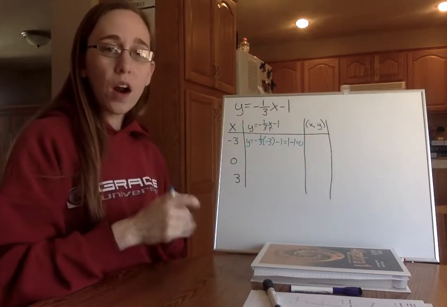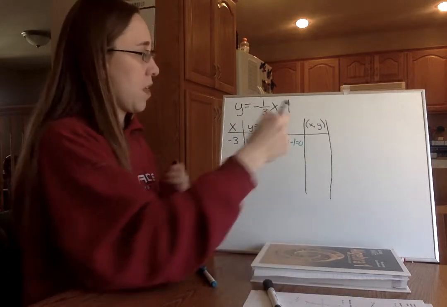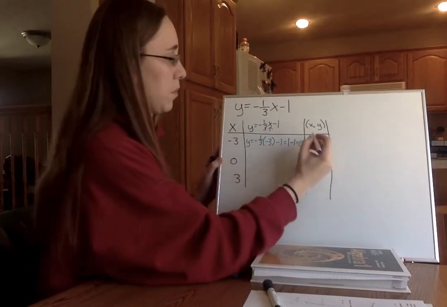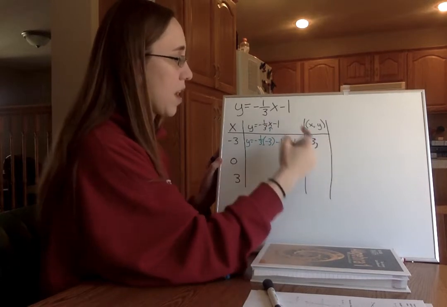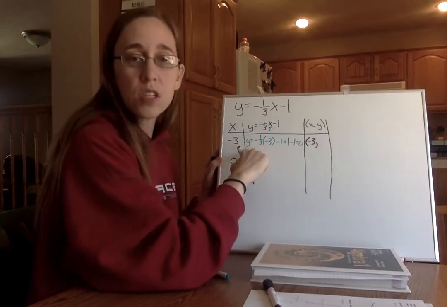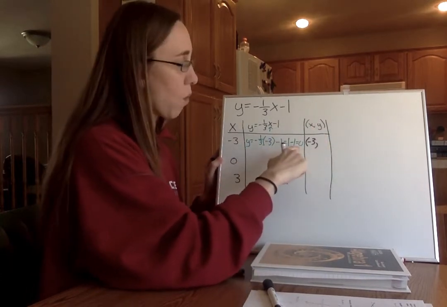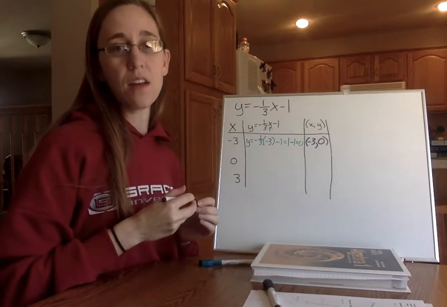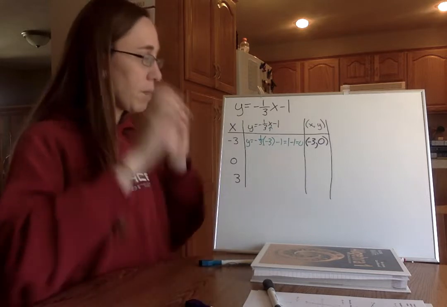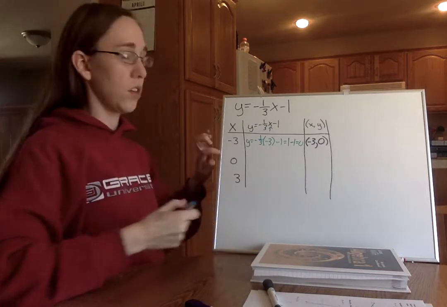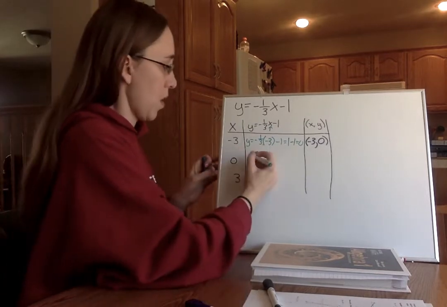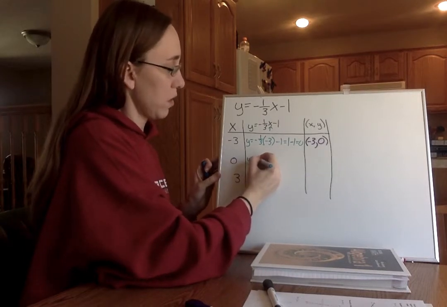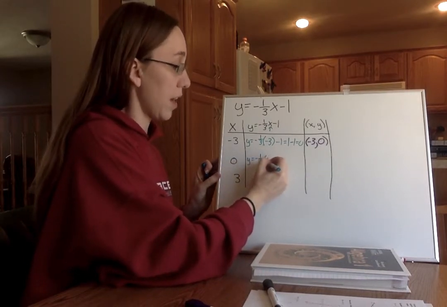Now, where we get our points from, the x comes from the x column. So I'll write that down, -3. And the y, well, we just calculated that in the middle. So our y we found was 0, so that's our first point, -3, 0. Okay, we're going to move on to calculating with 0. So y equals -1/3 times 0.